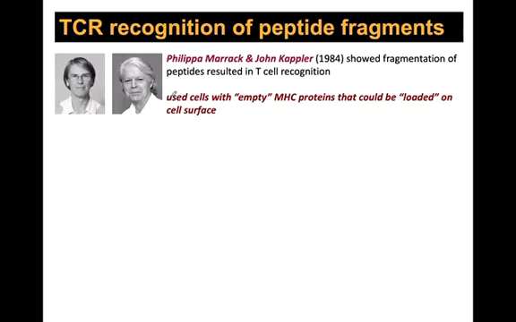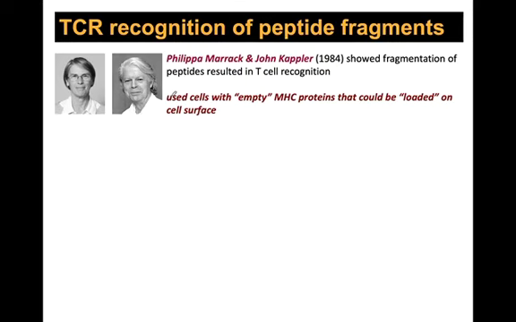Now, the question really then was, how are these peptides generated, or what do you have for recognition? And this is about the same time as Pam Bjorkman's work on the crystal structure of the MHC, but Pippa Merrick and John Kapler at the University of Colorado decided to use a little bit of biochemistry.